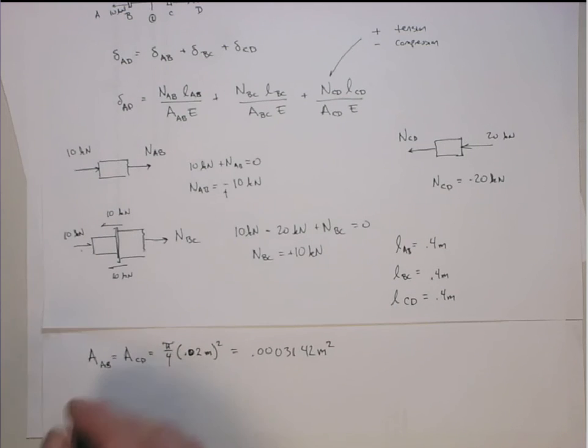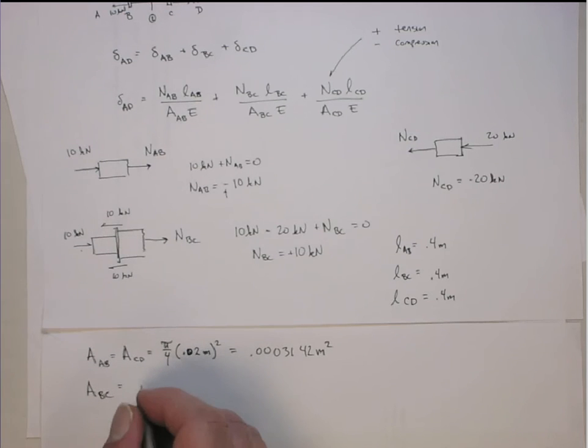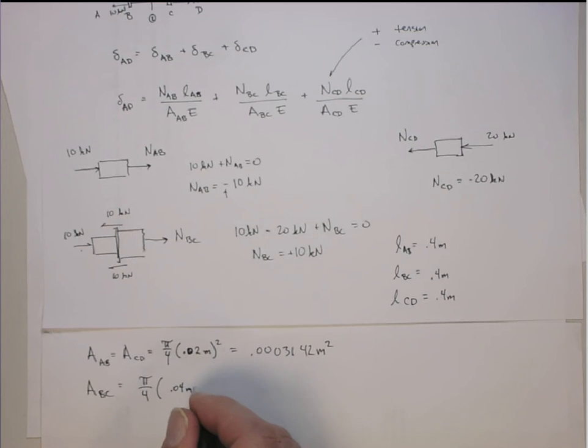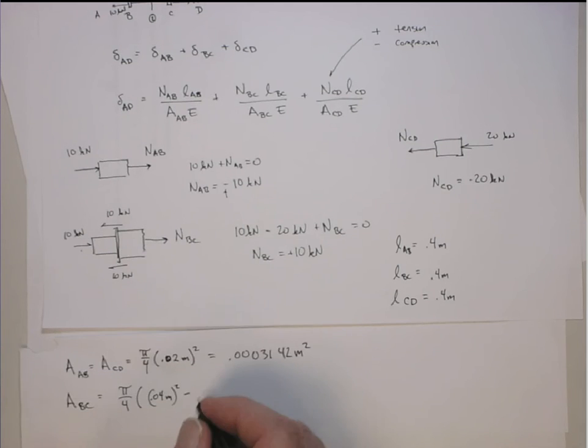All right. The area of BC, that's the hollow section. So that's just going to be pi on 4, the outer diameter squared, which is 0.04 meters squared, minus the inner diameter, which is 0.03 meters squared.